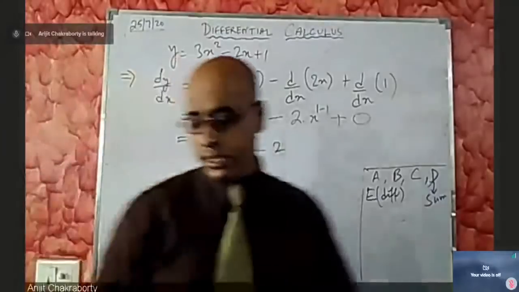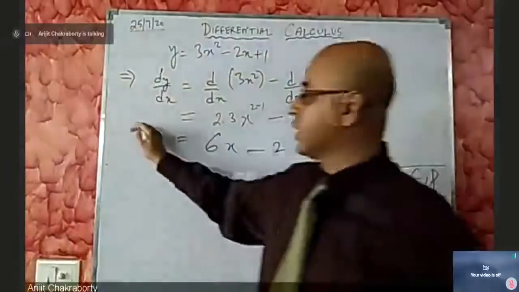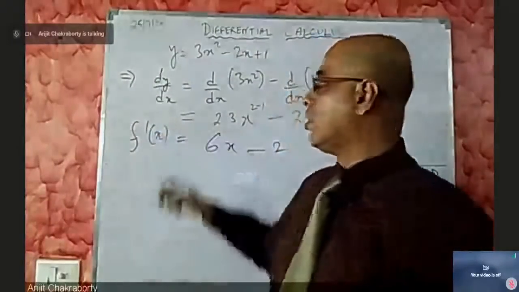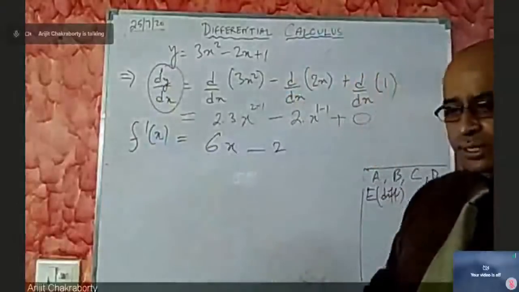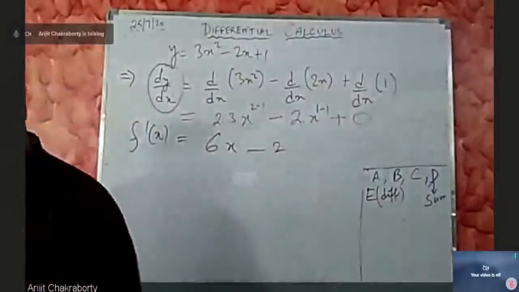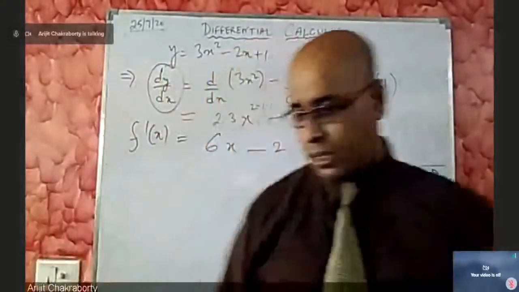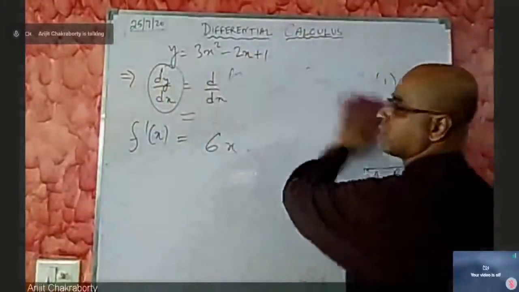So 6x minus 2 is the derivative, whether you call it f dash x or dy by dx, both are the same. The answer is 6x minus 2. Right, now let us go to page number 8.6 and we shall take some examples from the study material.